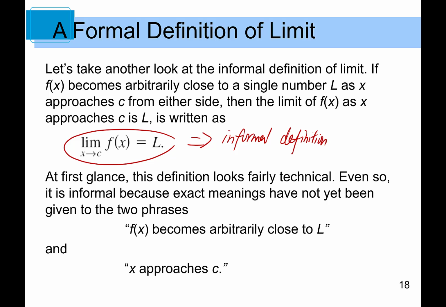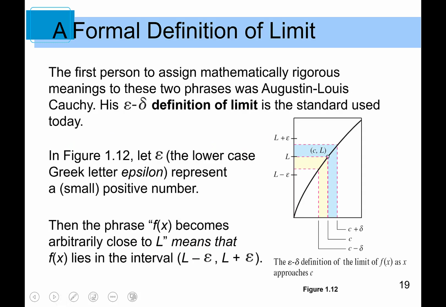If you look at it, this definition looks fairly technical. Even so, it is informal because the exact meaning has not yet been given to the two phrases: "f of x becomes arbitrarily close to L" when "x approaches c." The first person to assign mathematically rigorous meaning to these two phrases was Augustin Louis Cauchy.